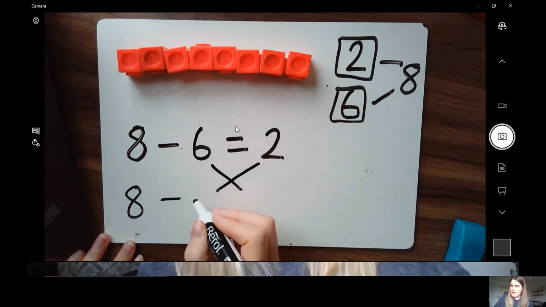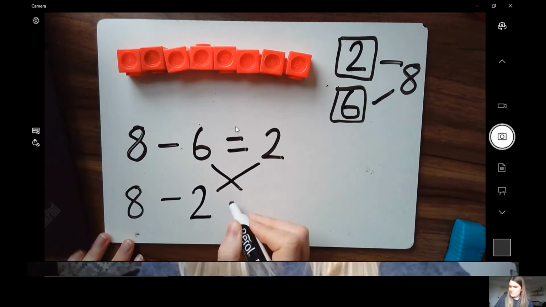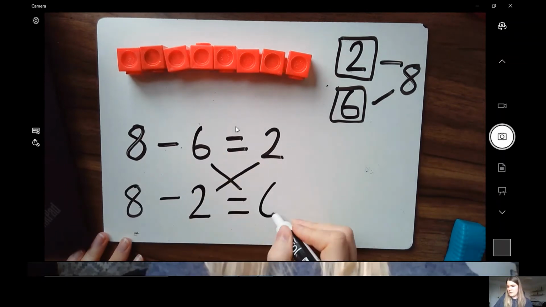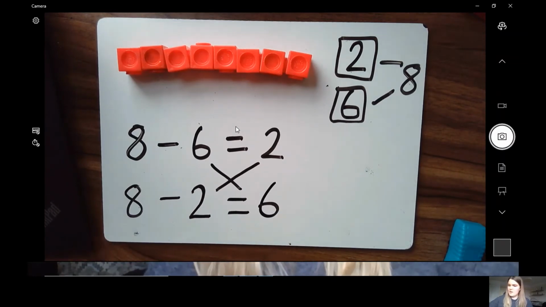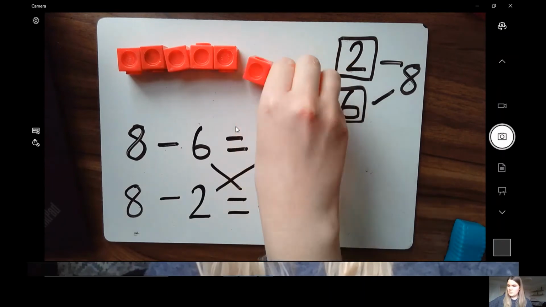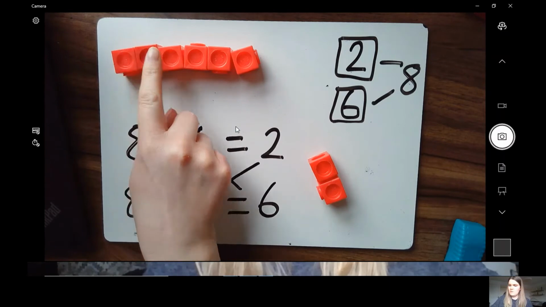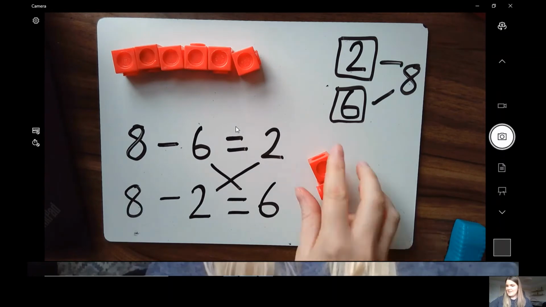So instead of doing 8 minus 6, I can do 8 minus 2. 8 minus 2, if we're moving this one down here, the answer should be 6. Let's see if it works. 8 minus 2, I take 1, 2 away. My answer should be 6. 1, 2, 3, 4, 5, 6. The magic trick works. Fantastic.